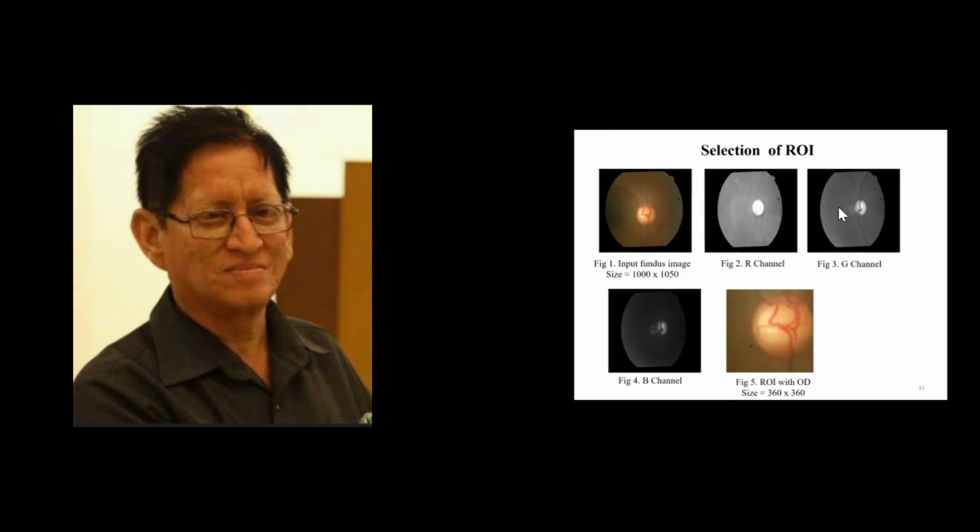Visually, we look at all the channels. The green channel is more visible compared to the other channels. So in this channel, search for the maximum bright spot in the image, and from the brightest part make a rectangle of 360 pixels on all sides, left, right, top and bottom, because our region of interest is only in this portion.